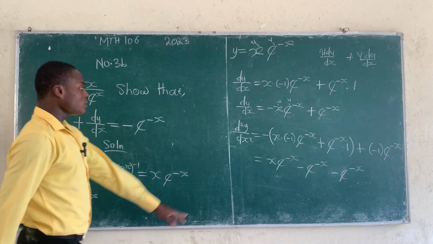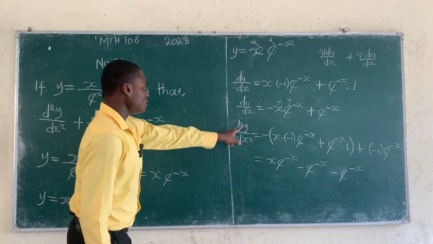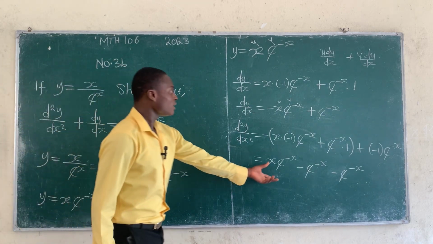But the question didn't ask us to only find this. We should find this and then add it up with dy dx, that is, d squared y over dx squared plus dy dx, from the question. So let's add these two.